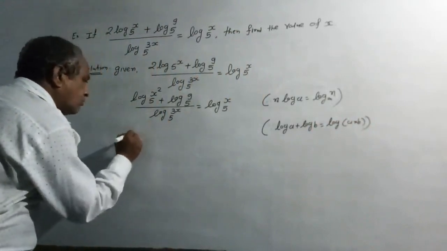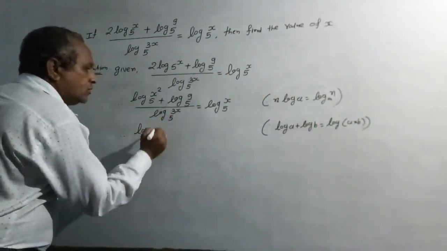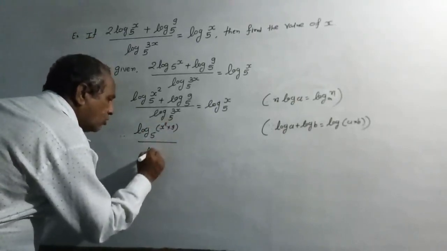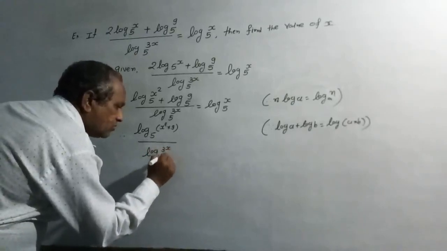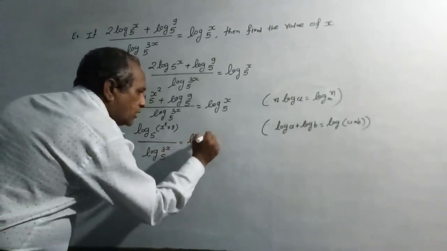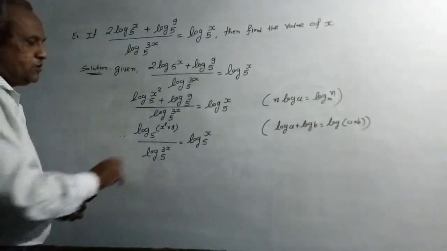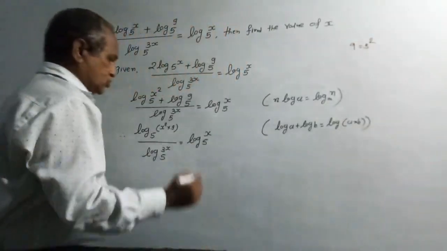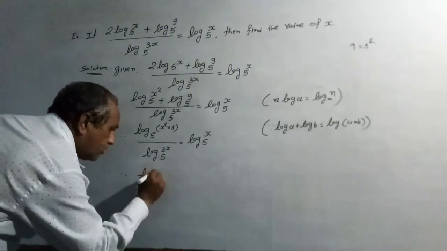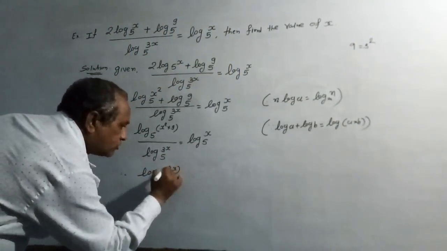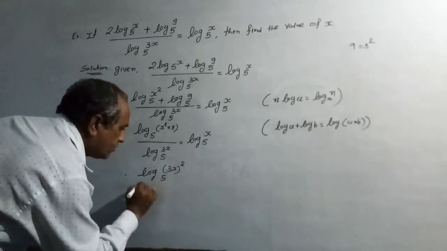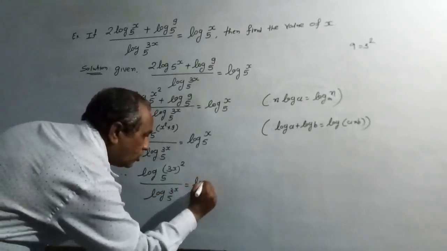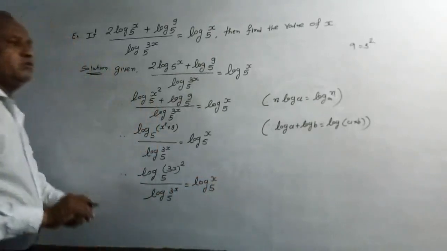Similarly here, base 5 common, then x square multiplied by 9 by log 3x base 5 is equal to log x base 5. Now here 9 is equal to 3 square. So we again write log 3x whole square base 5 by log 3x base 5 is equal to log x base 5.